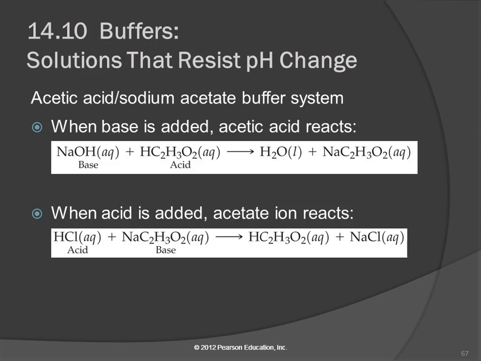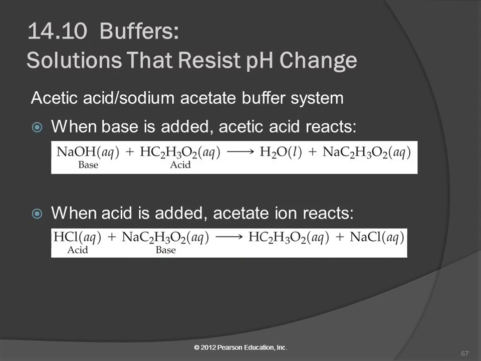Let's go back here. So the base reacting with the acid, we've got water, which is neutral, and this sodium acetate, which is just going to form acetate ions. And here we add the acid, and the sodium acetate reacts with that, and we get acetic acid and sodium chloride.